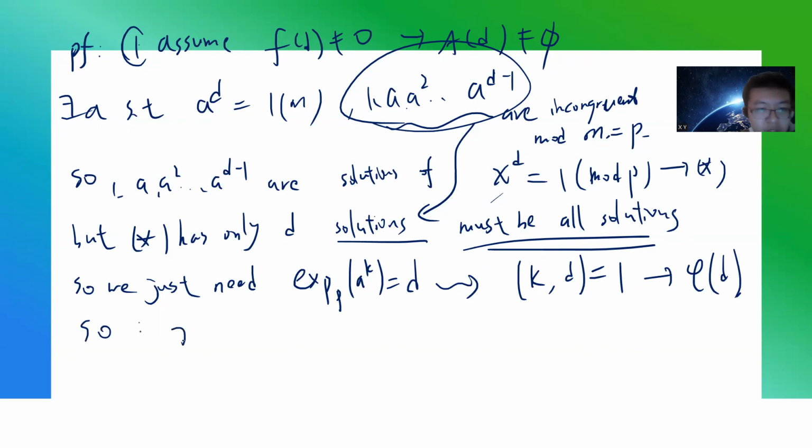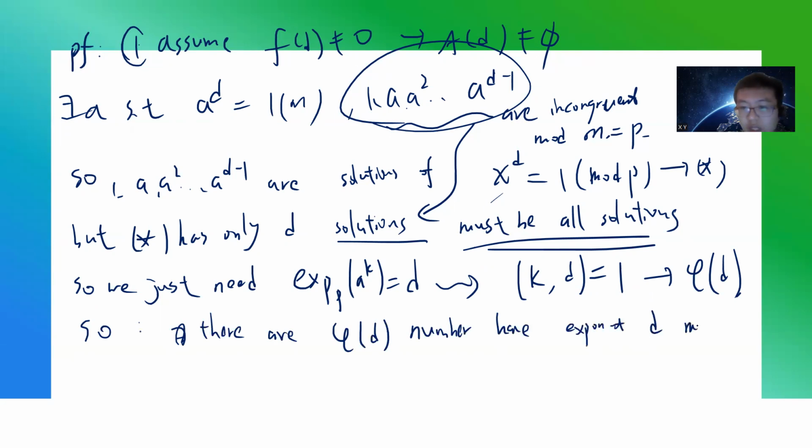So there are phi(d) numbers of the form a to the k, an exponent modulo p. So the idea is that this d is the minimum for a, but maybe not necessary for a to the 1 or a squared or other exponents. So for a particular exponent, with order still d, there are only phi(d) of these.